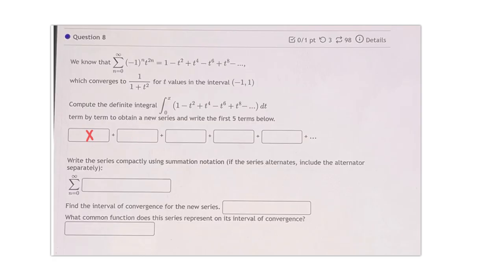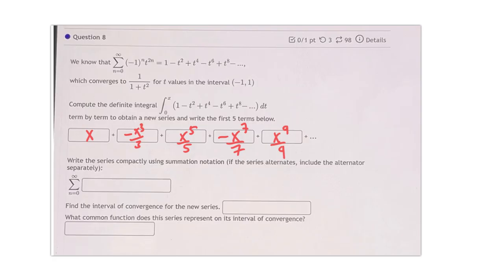So I have negative x cubed over 3 plus x to the 5th over 5. And this is minus x to the 7th over 7. And this would be positive x to the 9 over 9. So that's not a big deal, right?